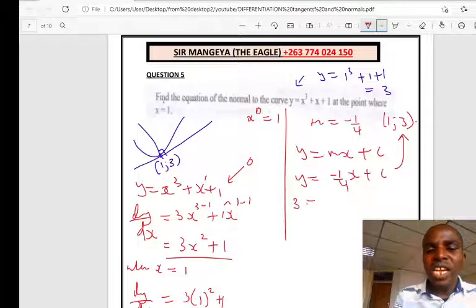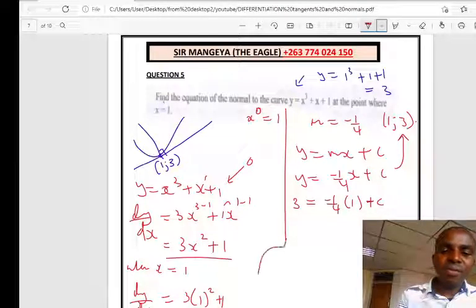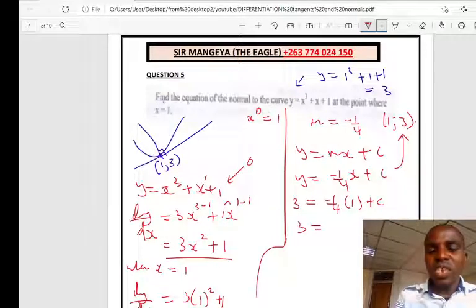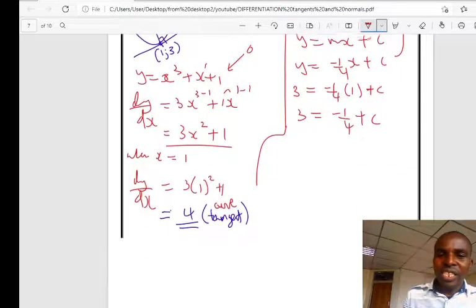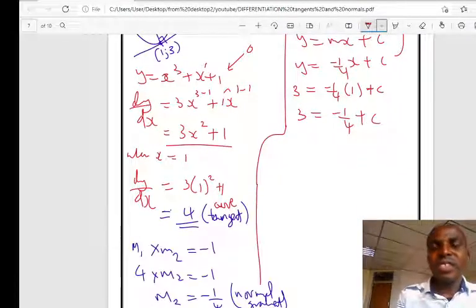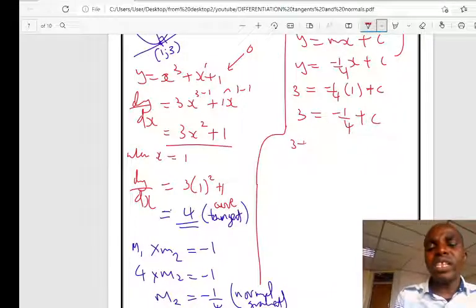You put 3 here, equal to minus 1/4 times 1, where there is x, then plus c. It will be 3 is equal to minus 1/4 plus c. Then 3 plus 1/4 is equal to c.